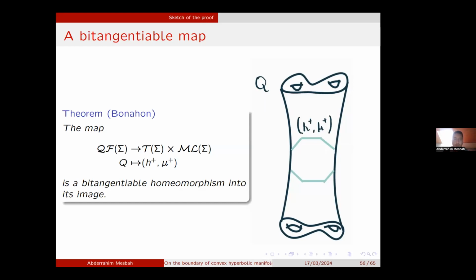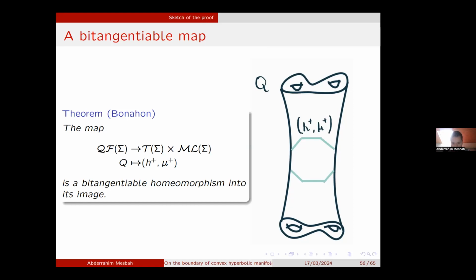But still, this set of measured laminations has some structure which is called piecewise linear, and we can still do analysis on it, because this piecewise linear structure allows us to talk about tangent vectors. So we can still do analysis, even if it is not as nice as a differential structure, but it is useful also.